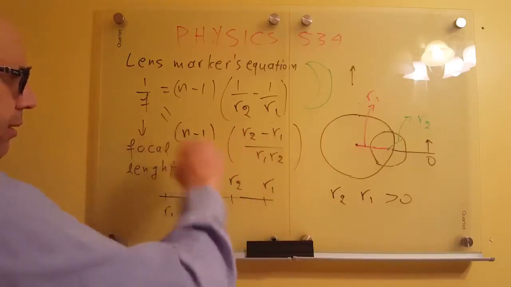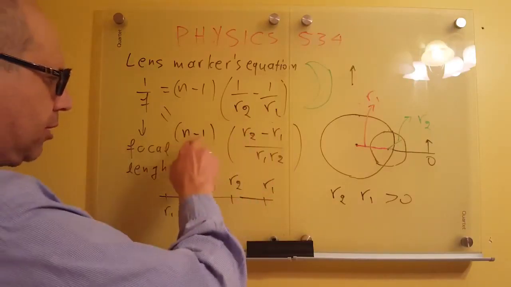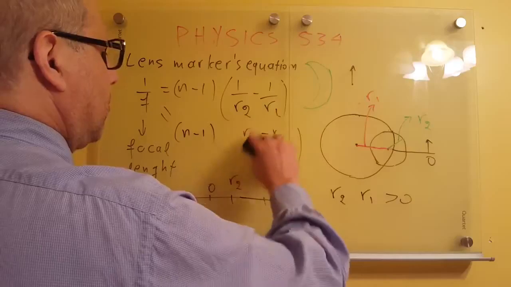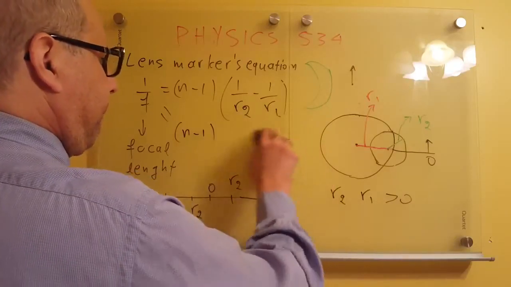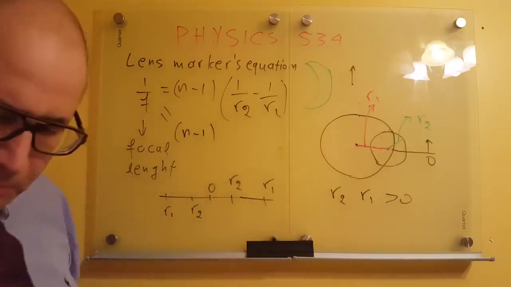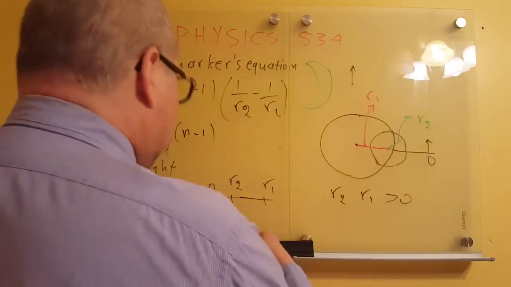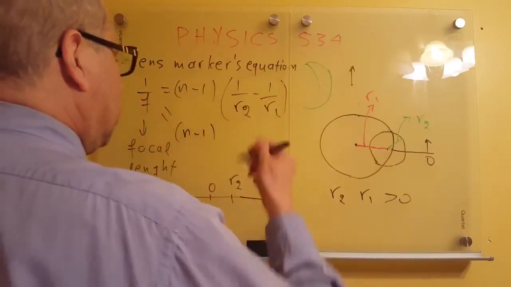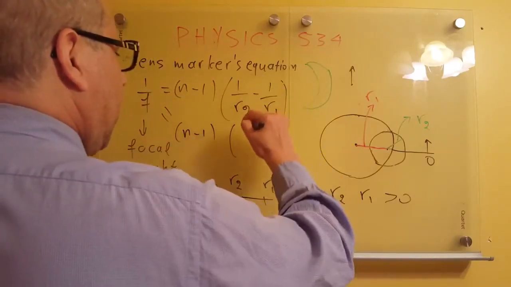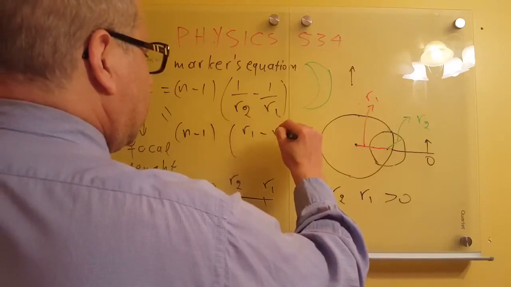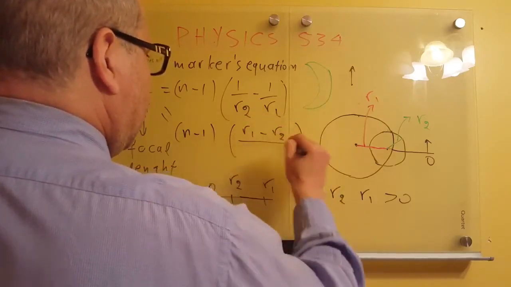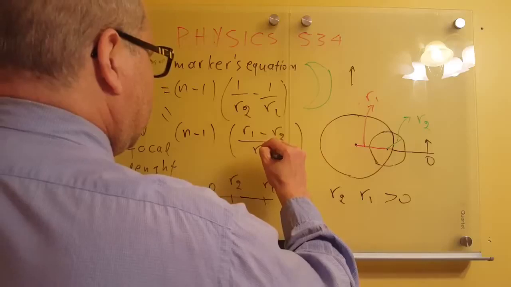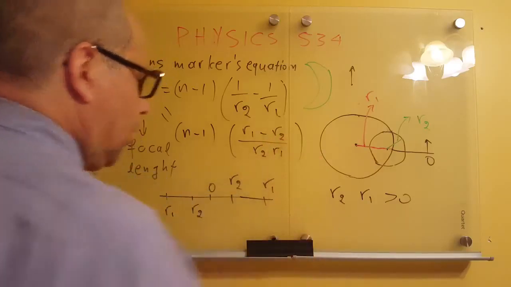And now, let's again see why this here is positive. If we work this here, it will be R1 minus R2 over R2 times R1.